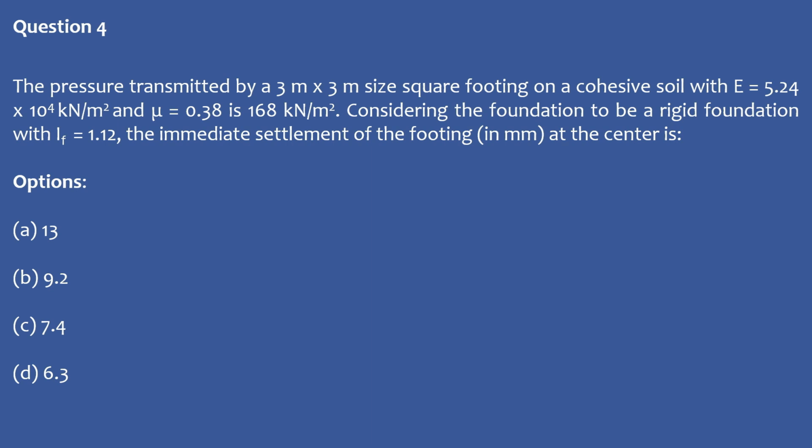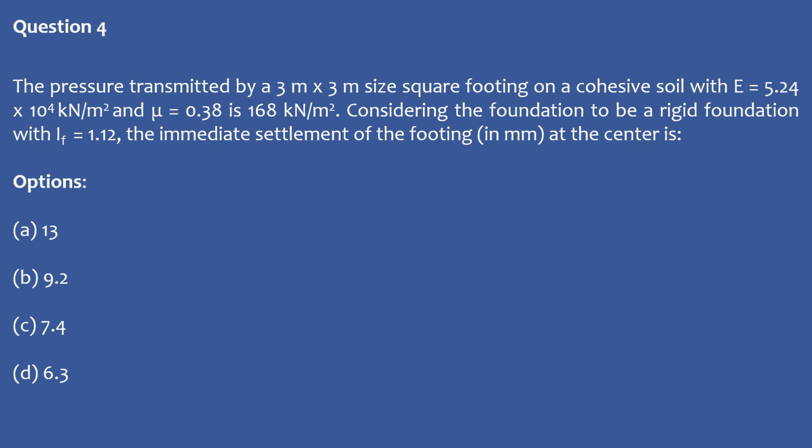Again, you need to evaluate the immediate settlement of the footing. This is basically the settlement which happens just at the verge of placing the load. So you need to evaluate the settlement under a 3 meter by 3 meter square footing placed on a soil with E equal to 5.24 into 10 to the power 4 kilonewton per meter square, mu value 0.38, and a pressure of 168 kilonewton per meter square.